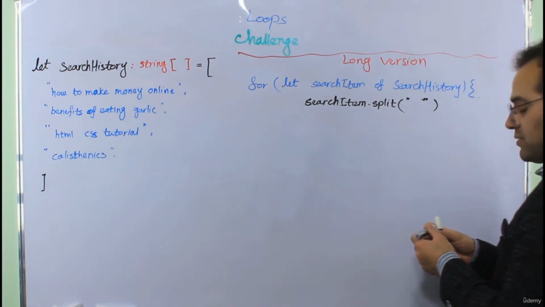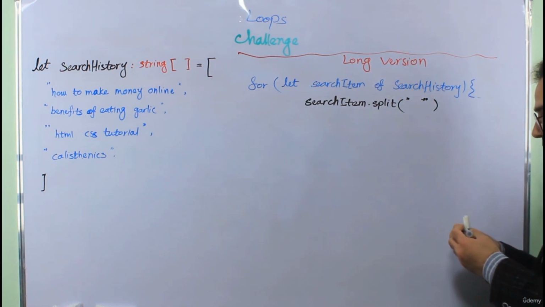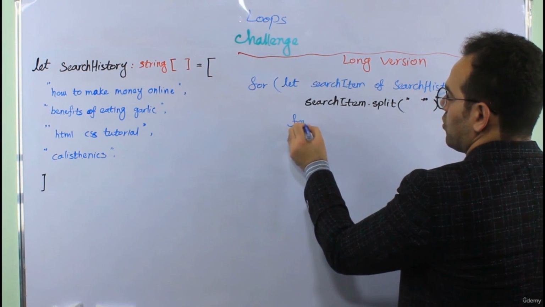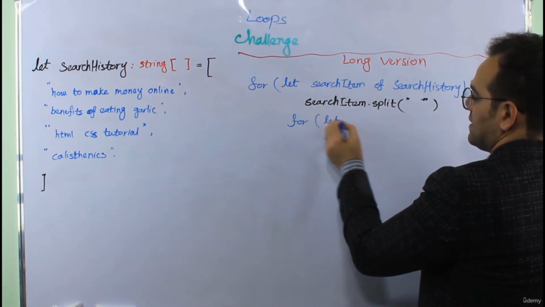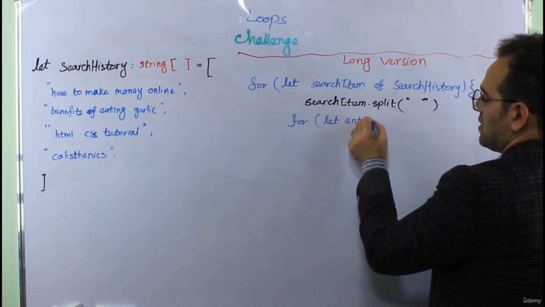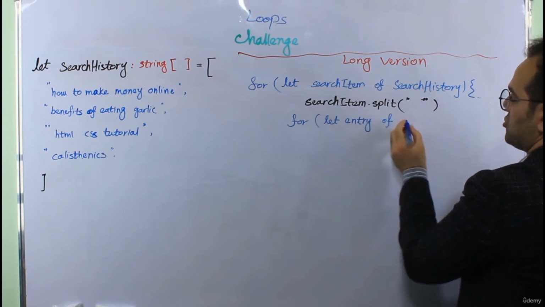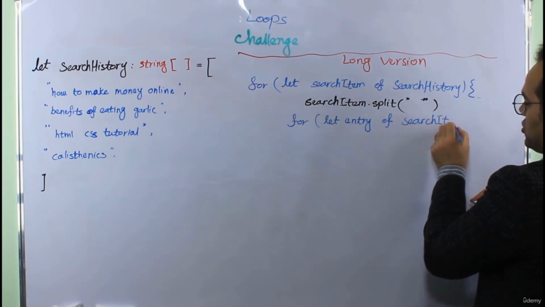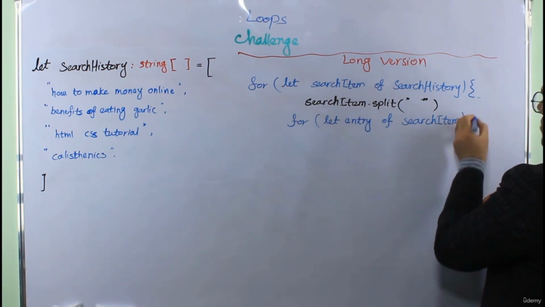So for that, I'm going to say for, again, for let entry of search item. Since search item now represents each array, one array in each iteration.